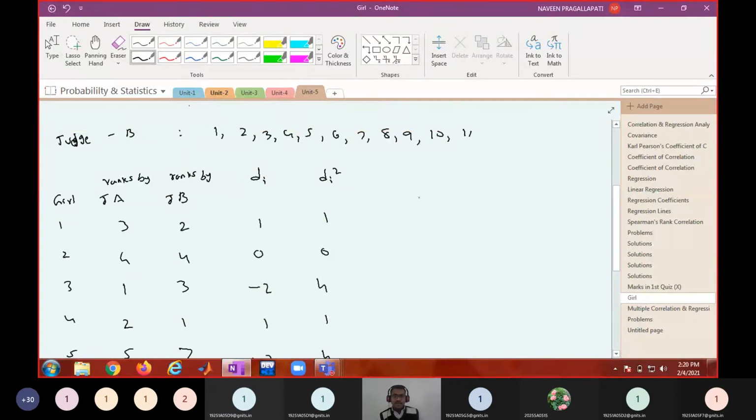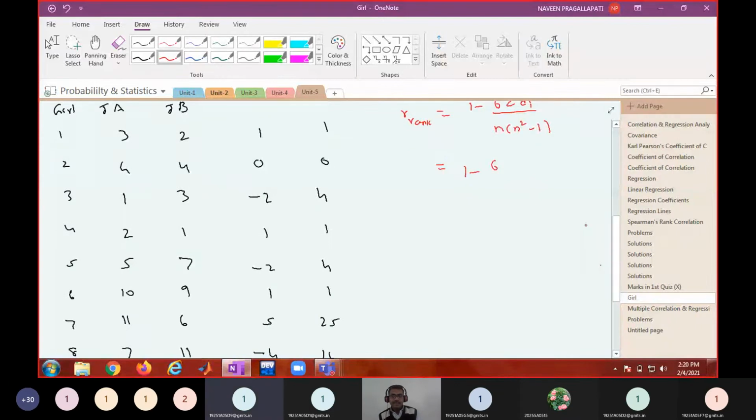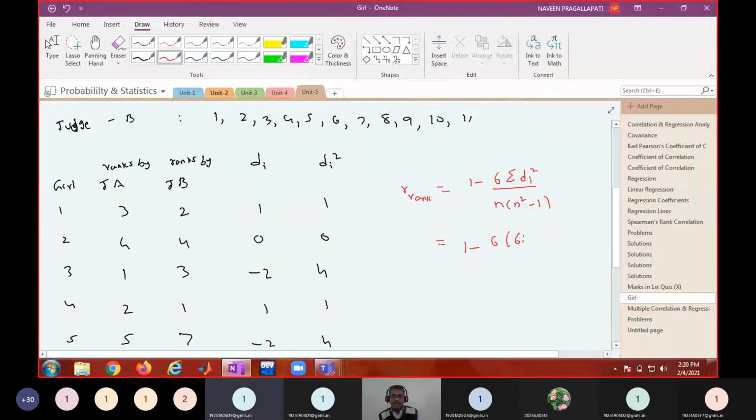So the rank correlation R equals 1 minus 6 sigma Di square by n into n square minus 1. So this is 1 minus 6 into 66 by 11 into 11 square minus 1, which is 0.7.